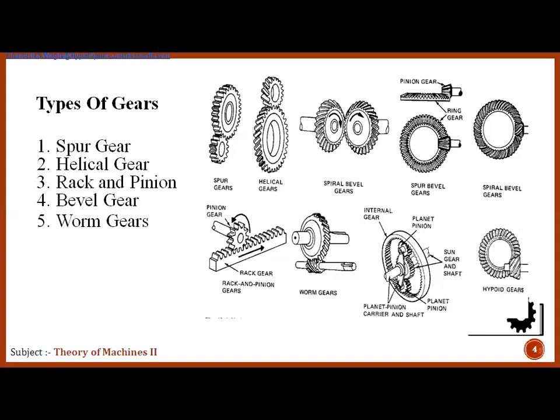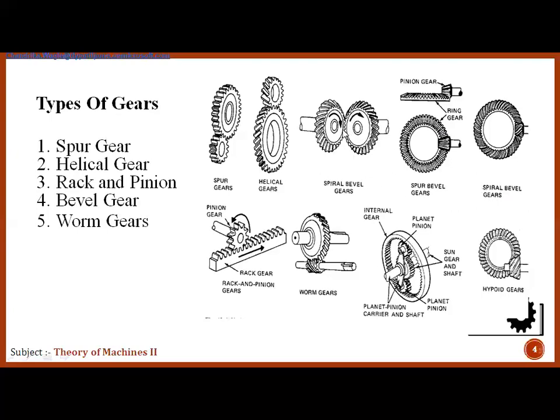Now in bevel gear we can cut teeth similar to spur, or similar to spiral bevel gears. Here you can observe that these gears are cut like this, so there is no helix angle. But if there is a helix angle like this, then these are known as spiral bevel gears. In 3D it will look like this.